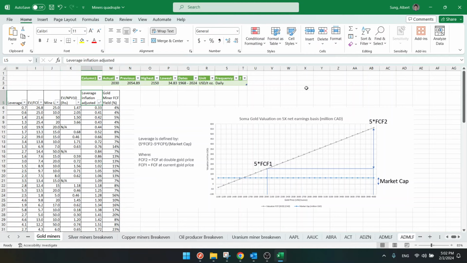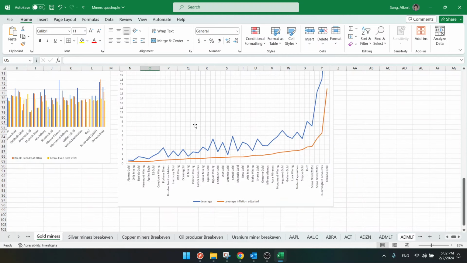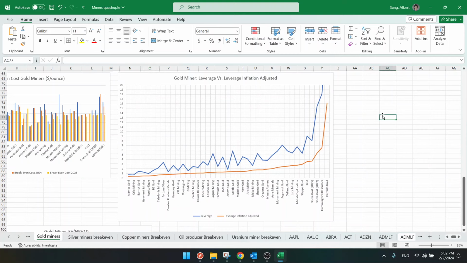So what I'm doing here is if gold goes up 10%, then I calculate that the all-in sustaining costs will also go up 10%. So this way we will have calculated in the inflation of the cost. So applying that to all these gold miners, I have created this very nice chart.